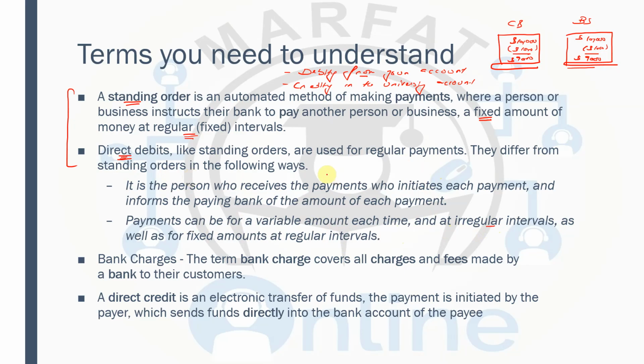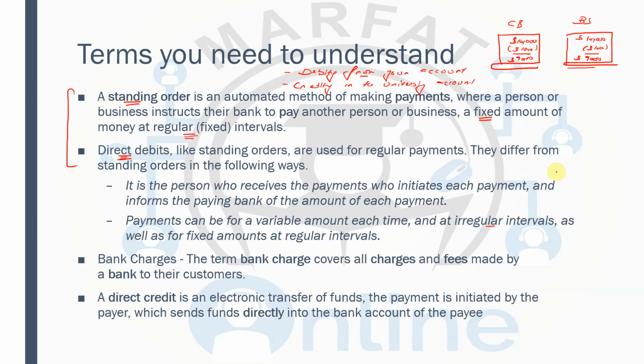Another difference is that in the standing order payment, the payment is asked for by the bank's customer. The bank's customer, that means the bank's client, will ask the bank to pay this certain amount to another account. In the direct debit facility, it will be the recipient who will ask for the payment.